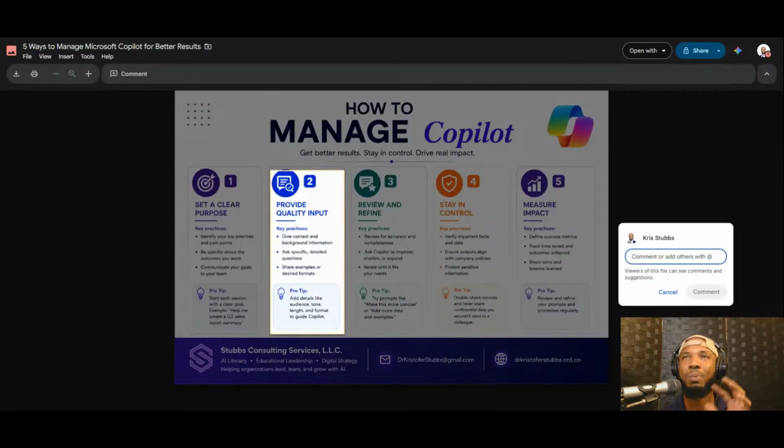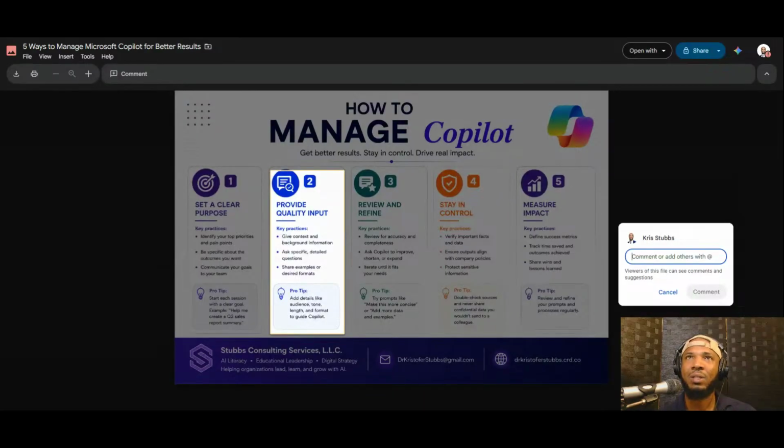This is how you best manage. Now, we want to make sure we distinguish using AI from managing it. We all have used it already: we put in a question, we ask it to create an image, we do so many things, but managing it is the key. That's where you have to get very detailed to stay in control and really drive real impact.